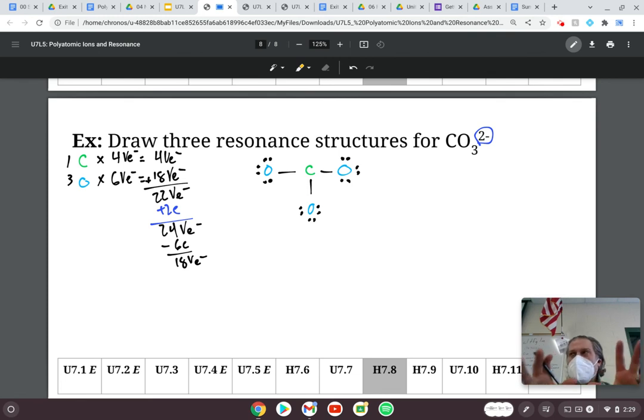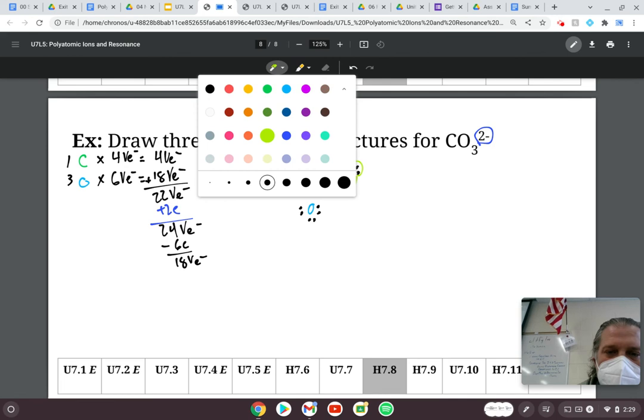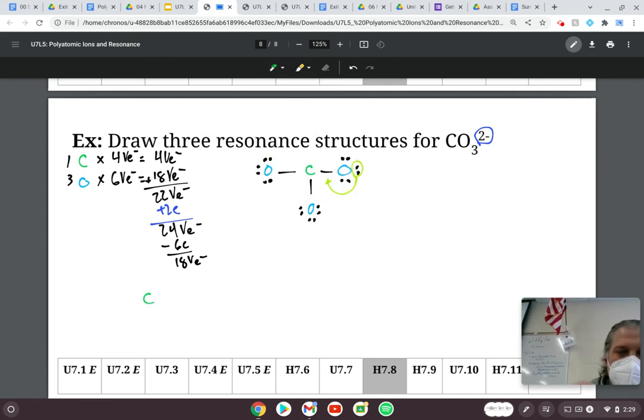Carbon, on the other hand, does not. Carbon is participating in 3 bonds only, and it only has 6. So this is an instance where we're going to create a multiple bond. I'm going to grab 2 electrons and create a multiple bond here. So what I'm going to do is redraw that structure down below, and show the bonds and the electrons.